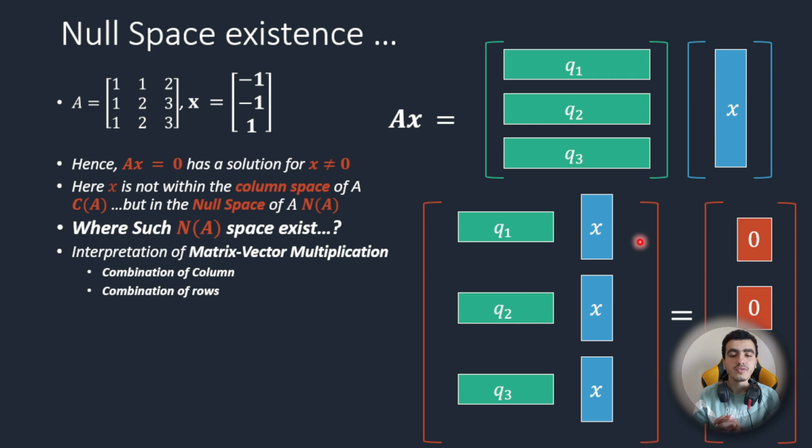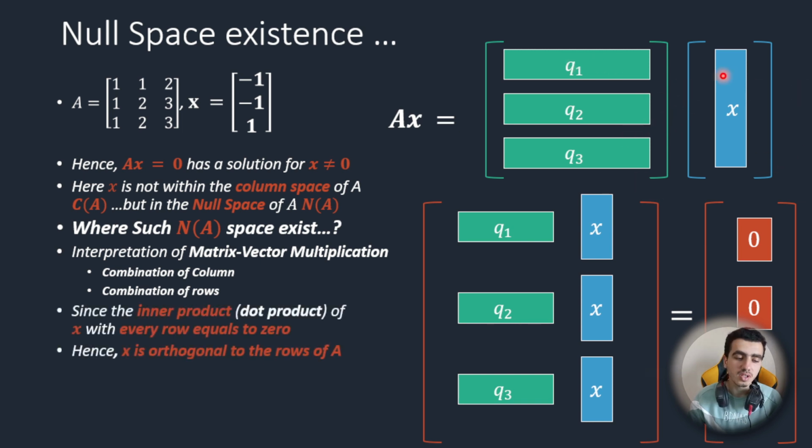Hence, these vectors are the rows of this matrix, and the other vector is the null space basis. So basically, this is the row space and this is the null space. And since the relation between them is perpendicular, the row space and the null space are orthogonal to each other.